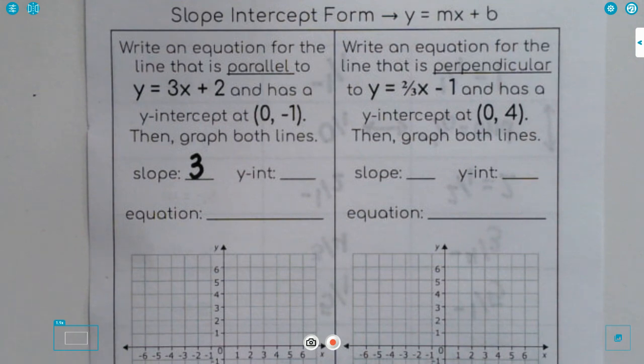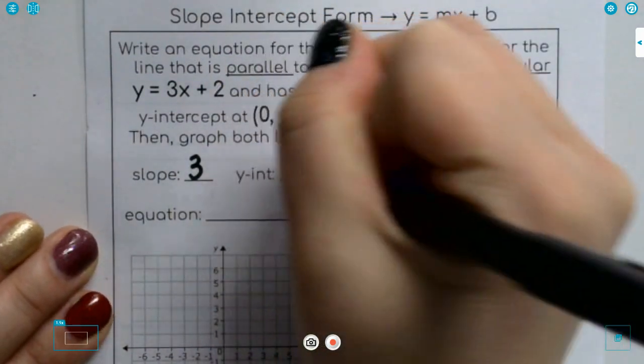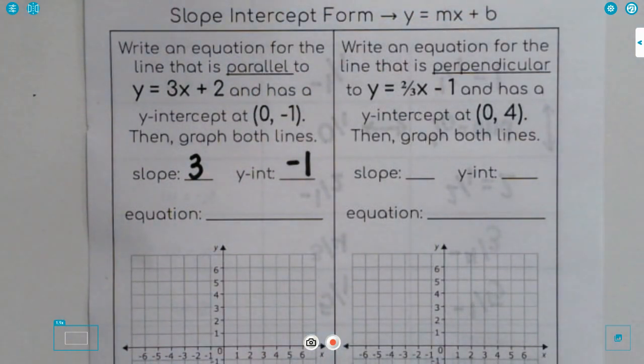Then I've got a y-intercept at (0, -1). So my new line's y-intercept is going to be negative 1. Okay, so then we're going to put those two things together into an equation.